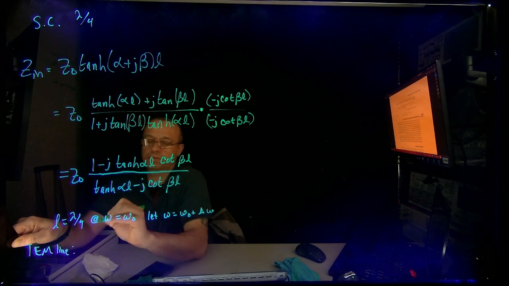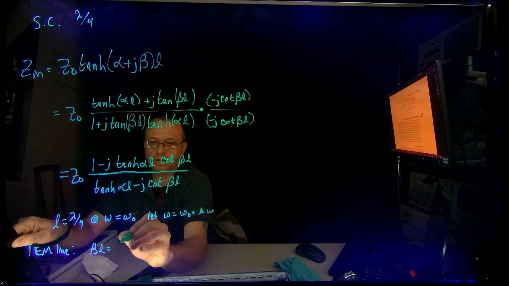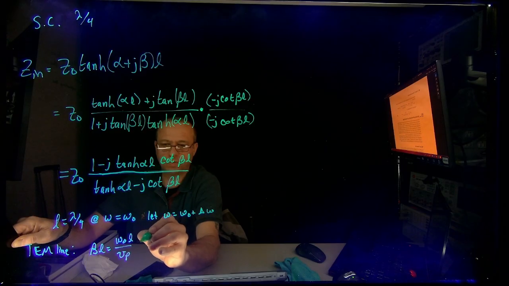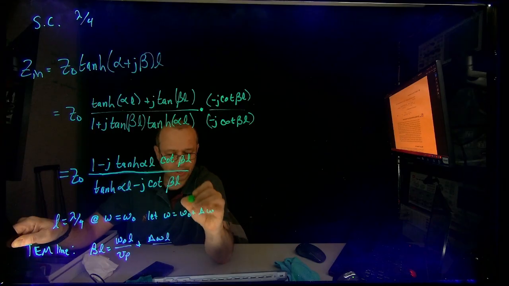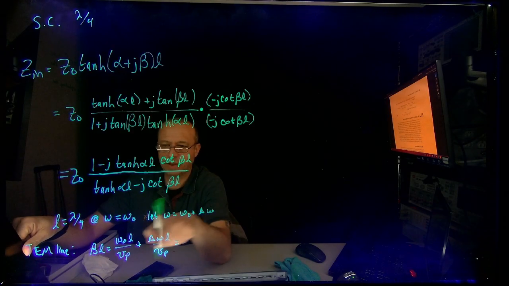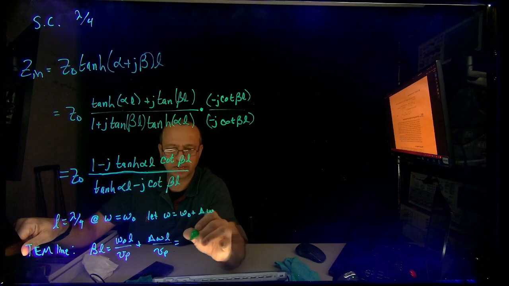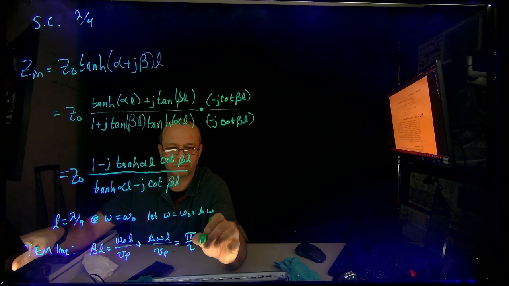Again, we are going to say beta L is equal to omega naught L over our phase velocity plus this delta omega L over our phase velocity. And then we're going to state that this is pi over 2 plus pi delta omega over 2 omega naught.